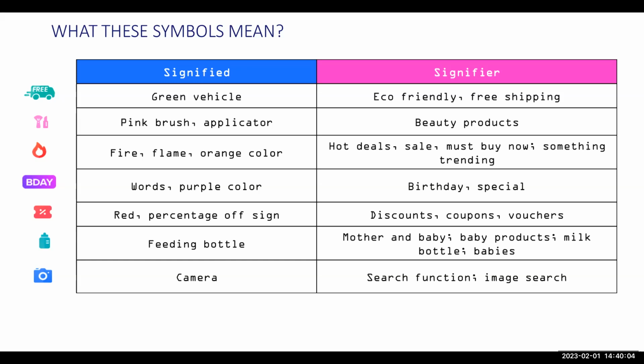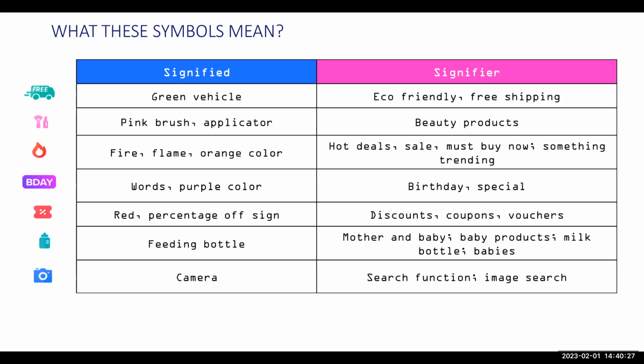For most of you, you'll say, yeah, it's quite simple, right? If it's a green vehicle, it means eco-friendly. A pink brush applicator, it's a beauty product. But it's not always so simple. If you take a Nike symbol, it was built over time to create a certain meaning.